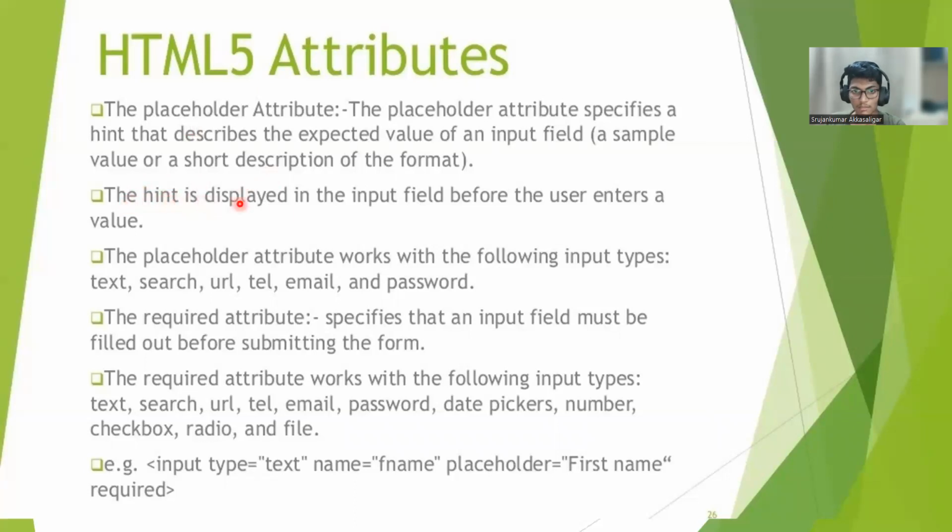That is the hint, and it is displayed in the input field before the user enters a value. The placeholder attribute works with the following input types: text, search, URL, email, or password.